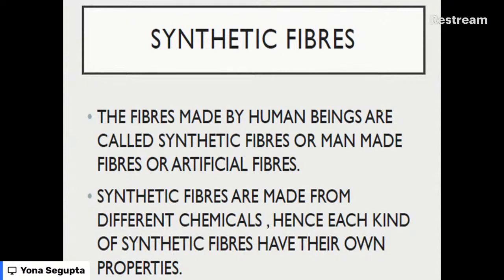The fibers made by human beings are called scientific fibers or man-made fibers or artificial fibers. Now the synthetic fibers are made from different chemicals. Hence each kind of these synthetic fibers has its own properties.